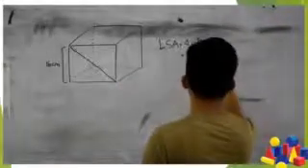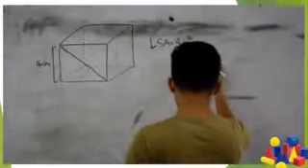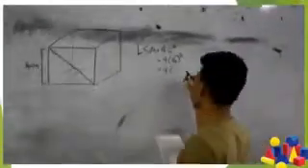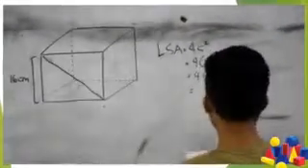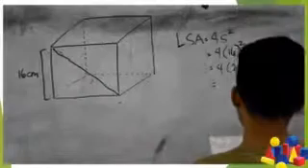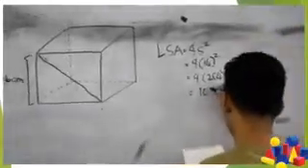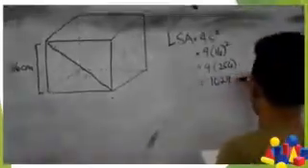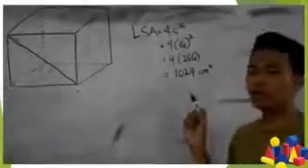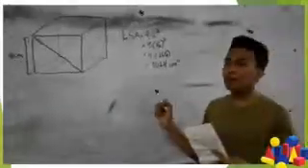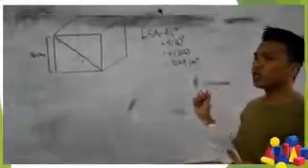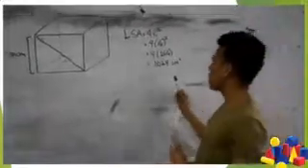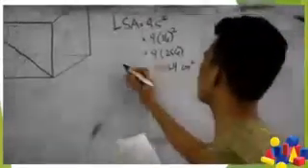So 4 times 16 squared. 16 squared equals 256. 256 times 4 equals 1024 centimeters squared. Be sure to put the label or the unit of measure in our result.